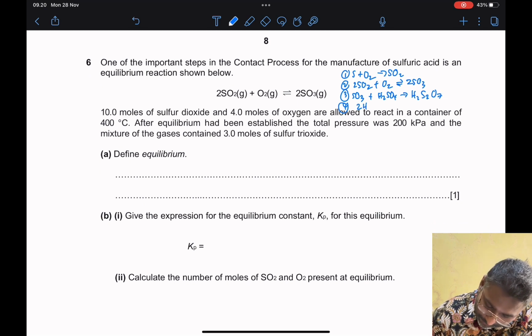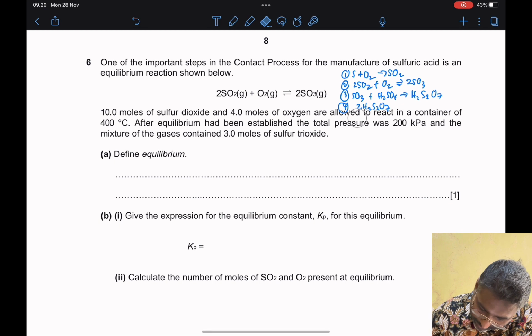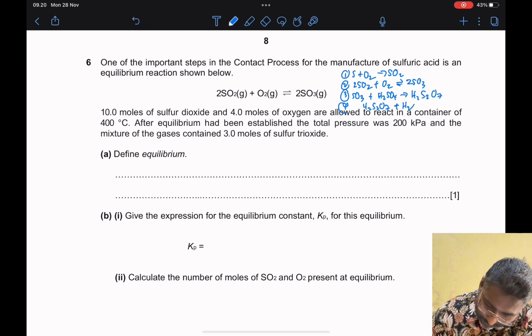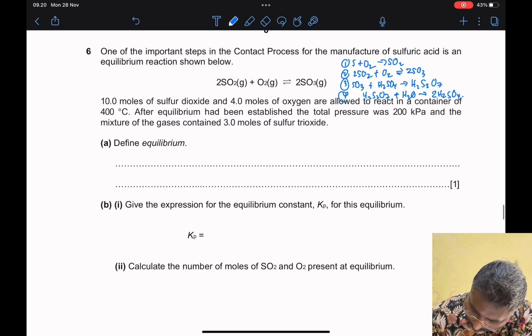This oleum will react with water to give you 2 moles of H2SO4.